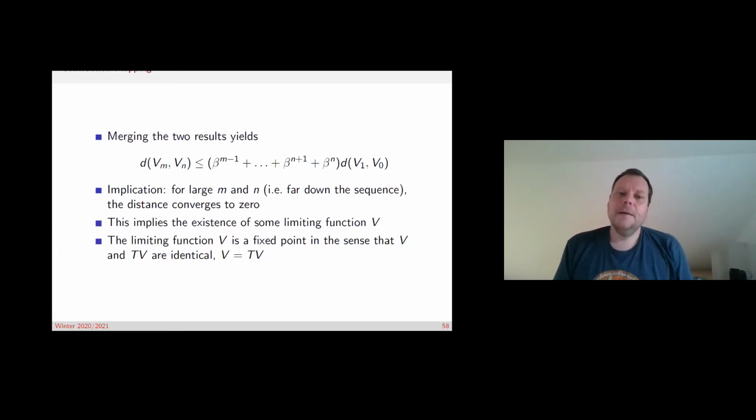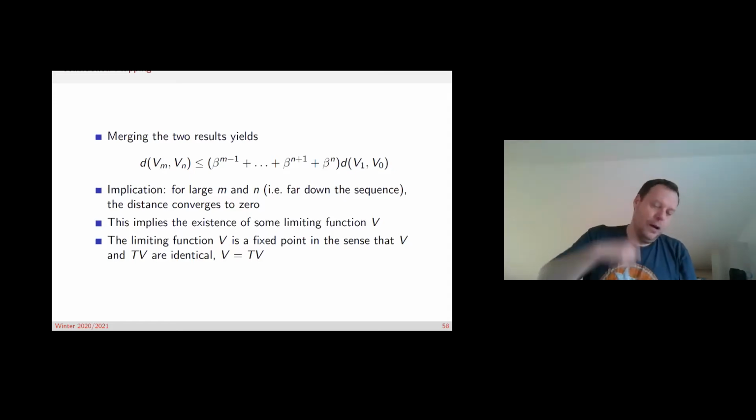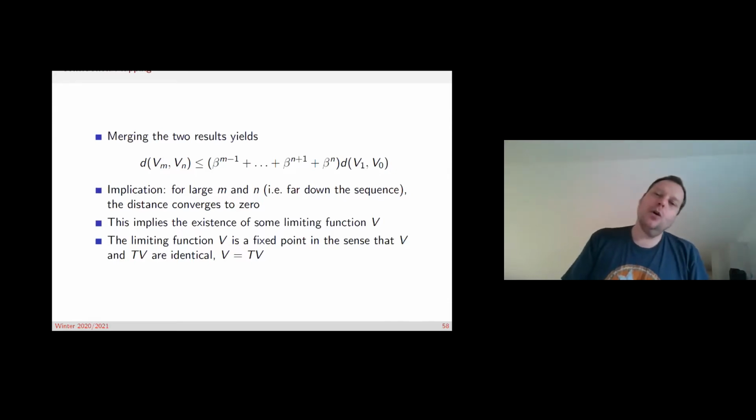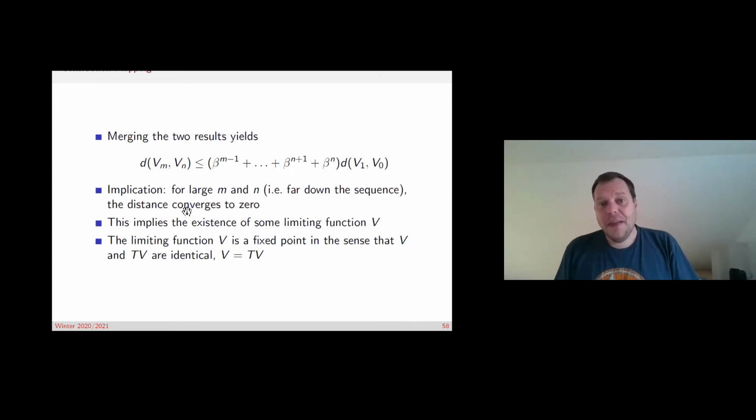And what we then have is the idea that if you take any two functions and they are far enough down the line, so you have applied the operator over and over again, and in the one function you have applied the operator m times, and the other one you have applied the operator n times, then this distance will converge to 0.